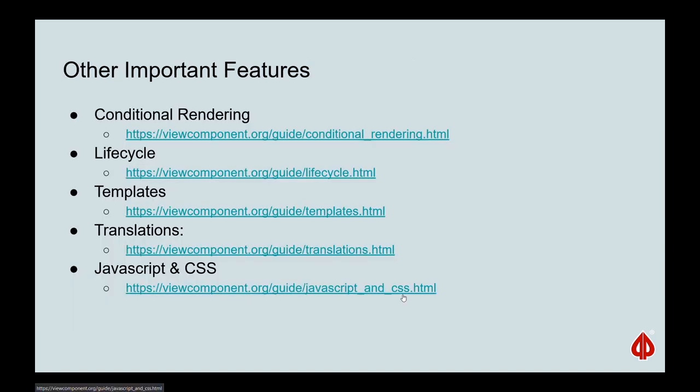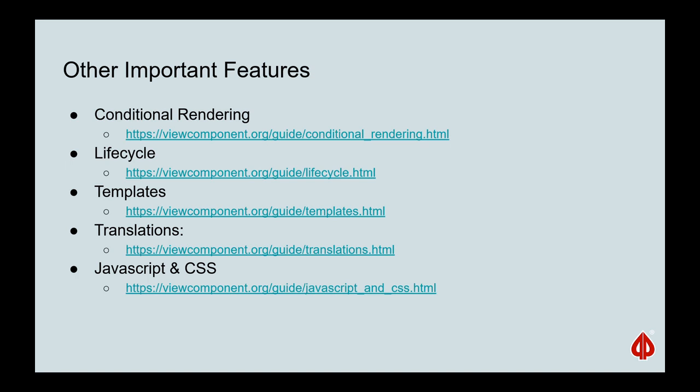There are also some other features that my time wouldn't allow me to talk about extensively. We have conditional rendering. You can use def render question mark and put some conditions in it to either show or not show the view component, and you can use it inside your view. Also, you have life cycles in view components, limited to before render.